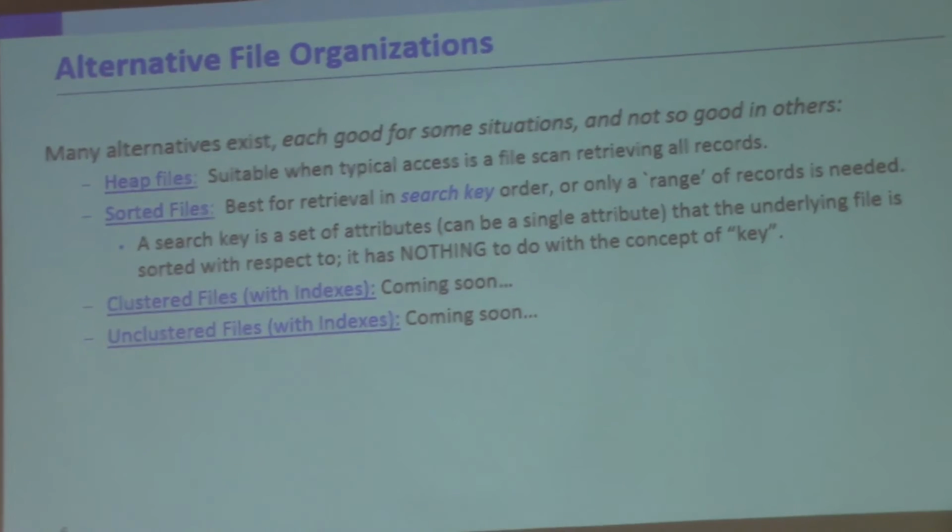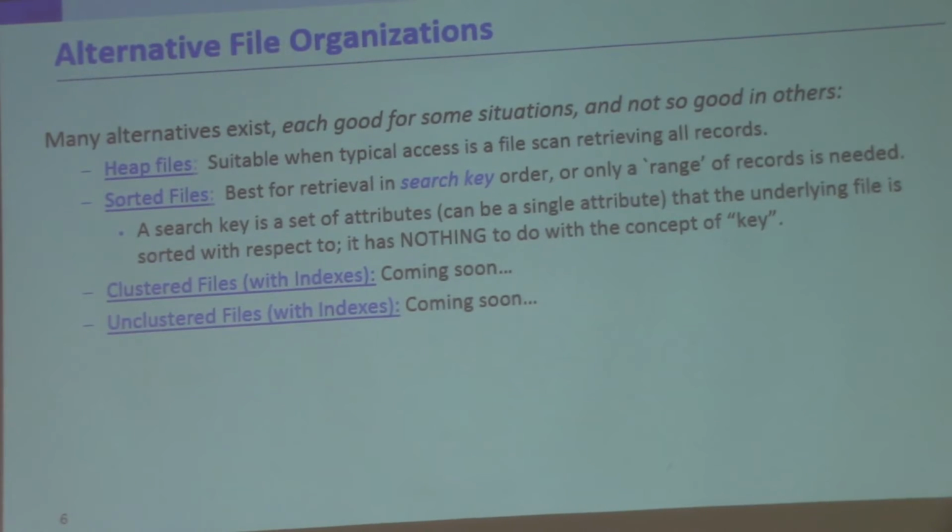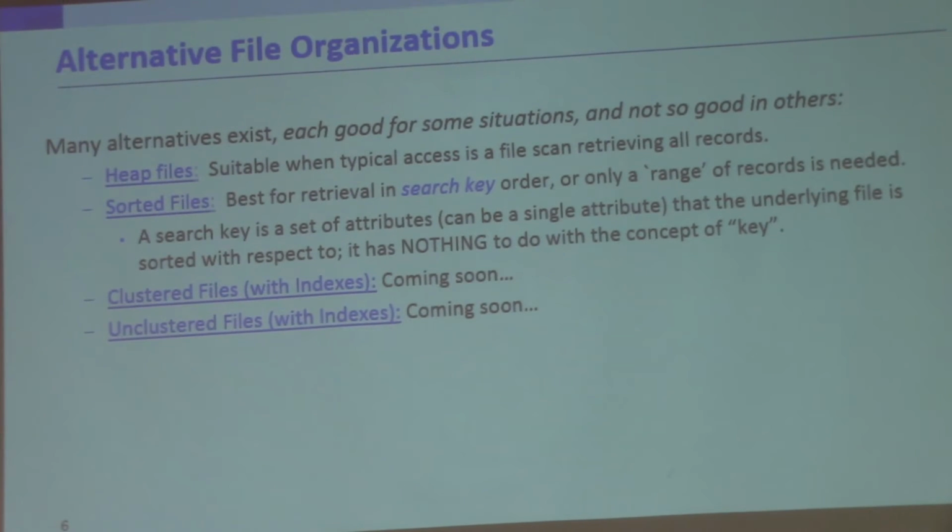A sorted file sorts its data pages by the search key. Keep in mind, a search key has nothing to do with the concept of key for a relational schema. A search key is simply a collection of attributes that you sort your records based on.